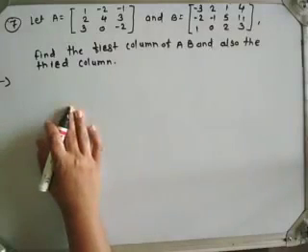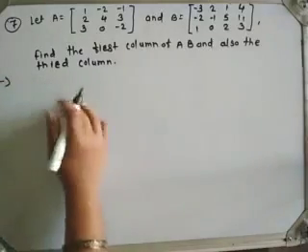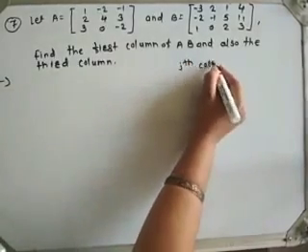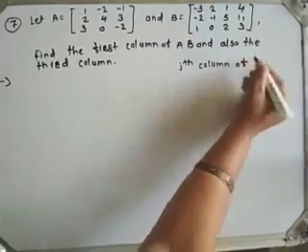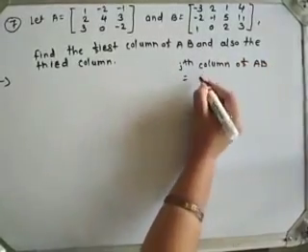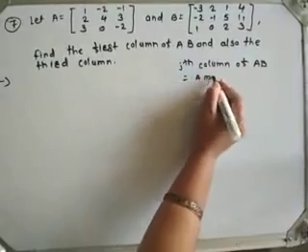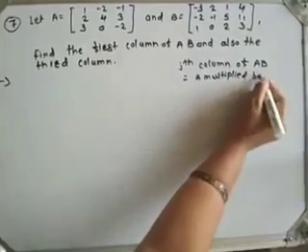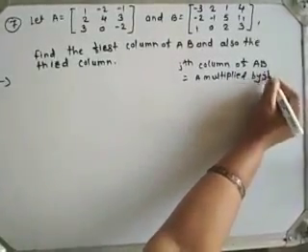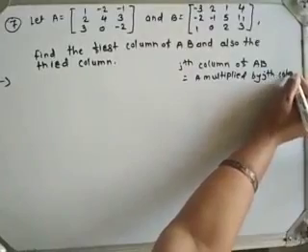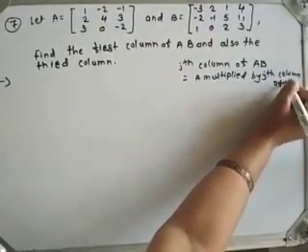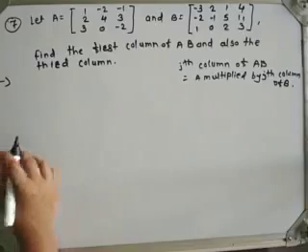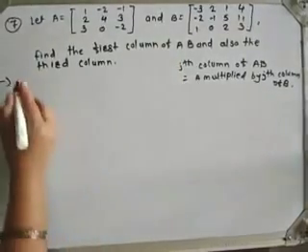In previous, we have seen that the jth column of AB is nothing but A multiplied by the jth column of B. Here what we have to find? The first column of AB.